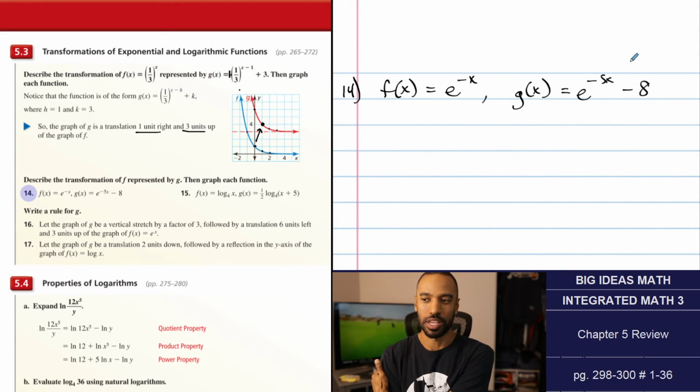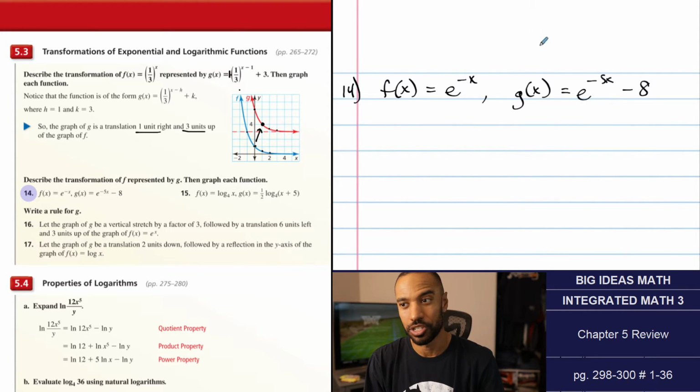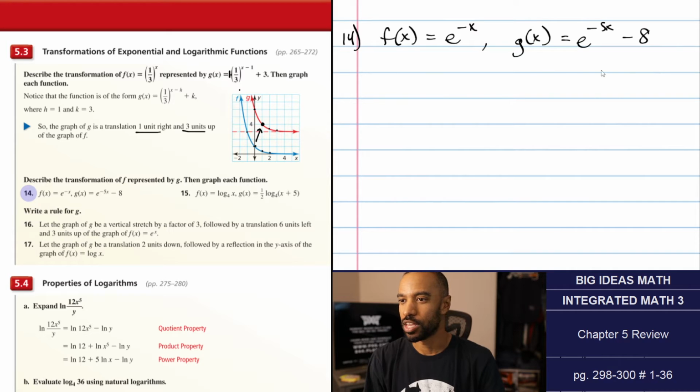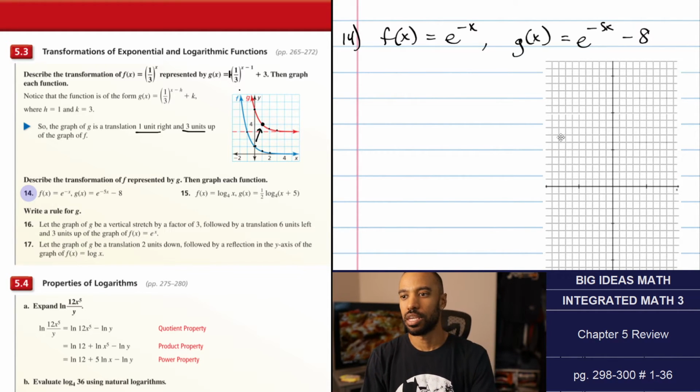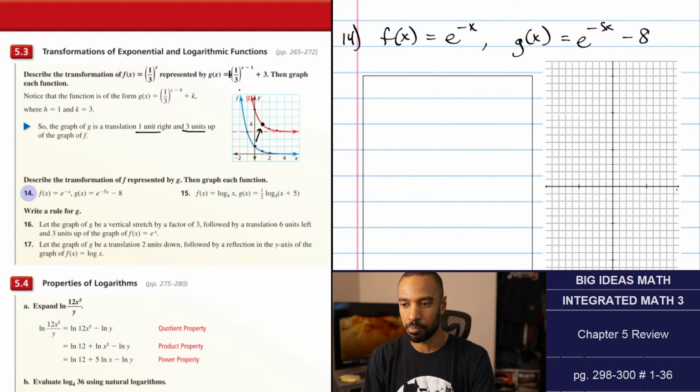A horizontal shrink by a factor of 5. I'm not going to change my scale on my graph. So for this one, I am going to be using literal graphing because we have to. Now, the original one isn't quite the parent function. It is a decay version of e, but we can still state that.